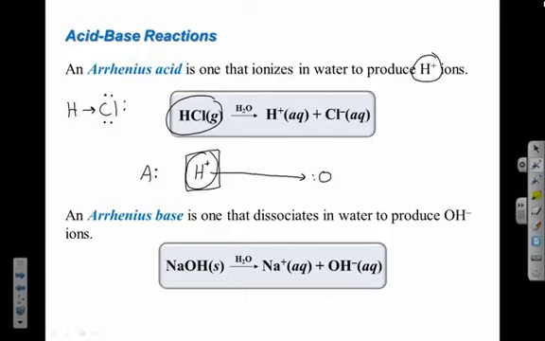A base, by the Arrhenius definition, is something that produces an OH minus in water. And that's true, but probably the best way to think about a base, the easiest way, rather than memorizing the Arrhenius definition, is to look at the Bronsted definition.